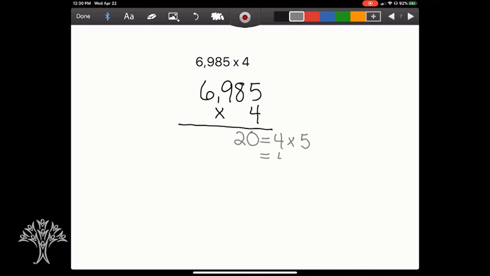My next one, 4 times 80. So that's an 80. And I know 4 times 8 is 32. I got that 0 in there. My next one, 4 times 900. Got a couple zeros in here. And 4 times 9, now that's 36.